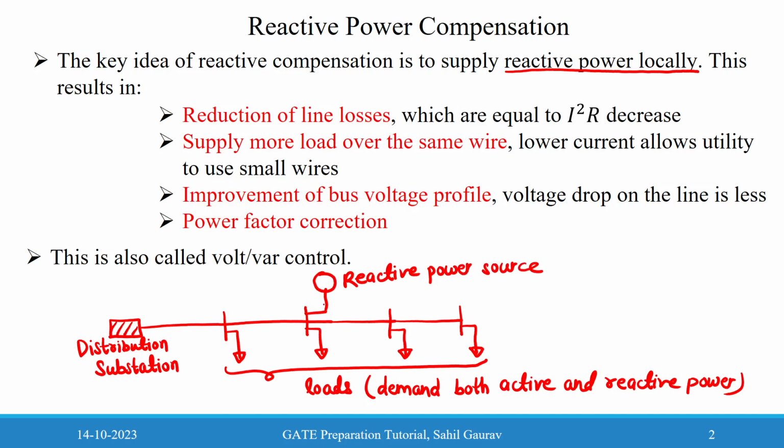We just put a reactive power source at some nodes so that it does not draw reactive power from the distribution. It draws reactive power at a lesser amount than whatever reactive power demand it had earlier. So this is the thing, that we supply the reactive power locally. This is called reactive power compensation.